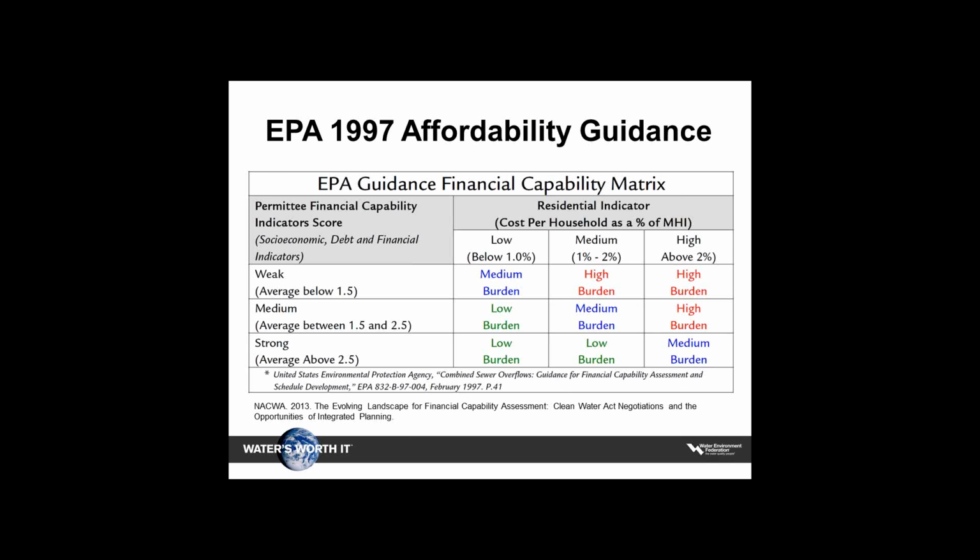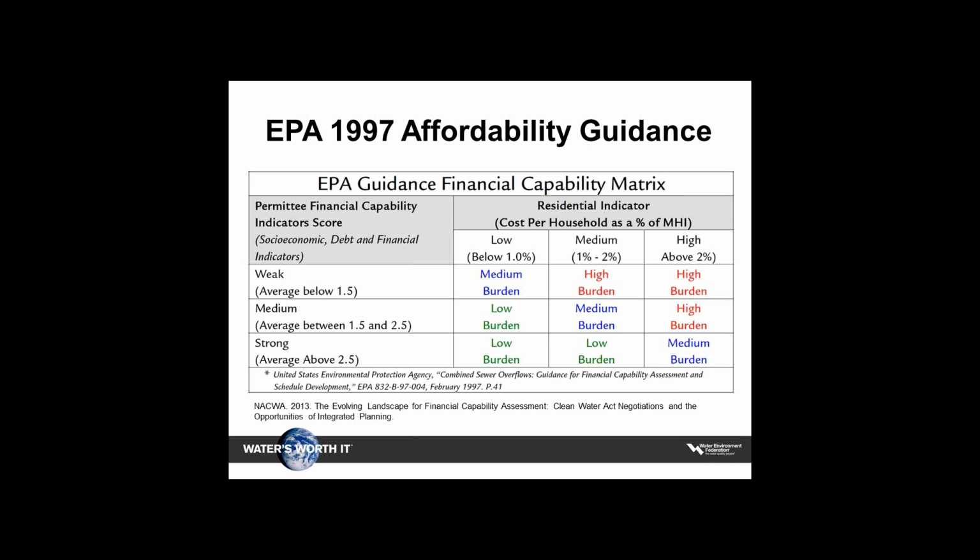And so these are really important things that we have to think about. And at the key of this whole affordability issue is the 1997 affordability guidance. Bob will elaborate on this, but what I want you to see is that there's a two-part test that EPA uses in this guidance. The first is the residential income indicator across the top, and the second is the financial capability indicator, which are the rows.